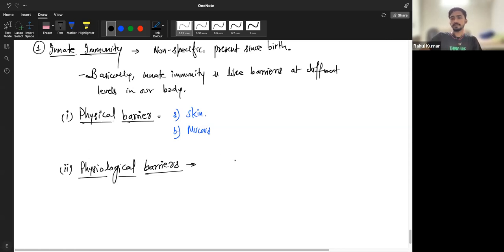For example, acid in the stomach. If something is not trapped by the mucus and it enters through the mouth, then the first thing it will encounter is acid in the stomach.